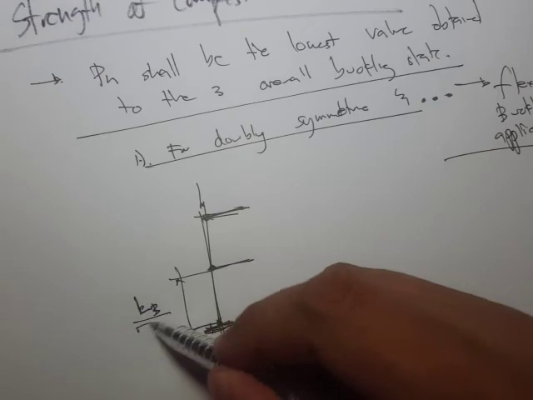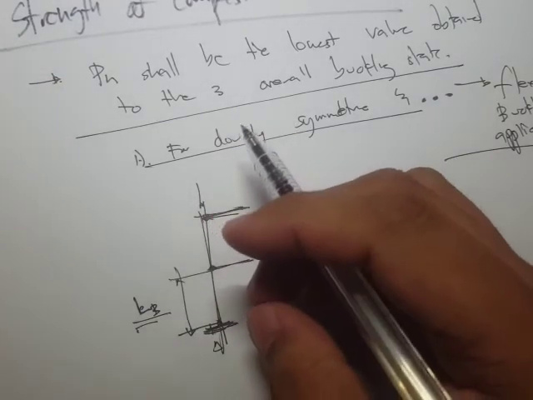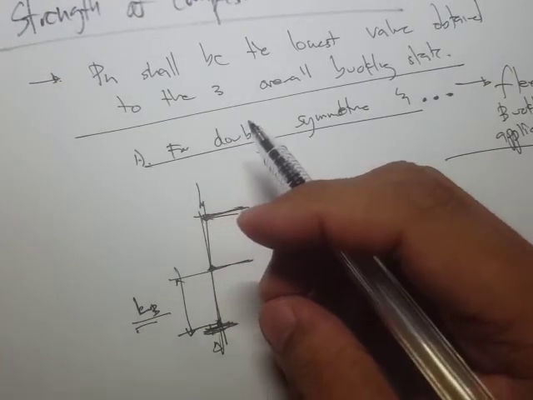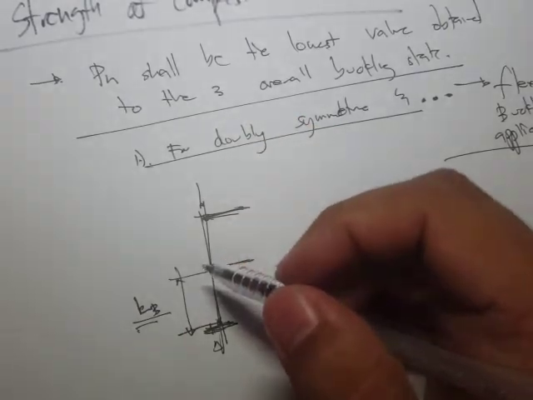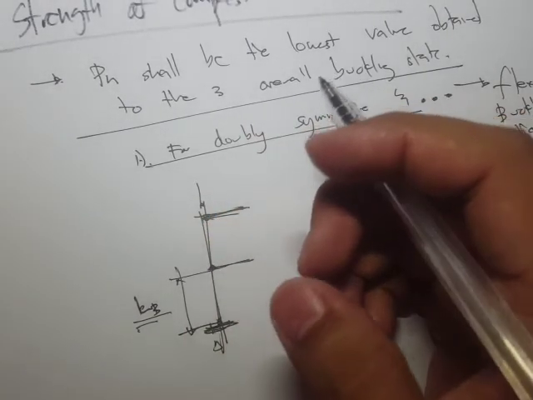The longer the unbraced length is, the more prone it is to torsional buckling, so it can twist.